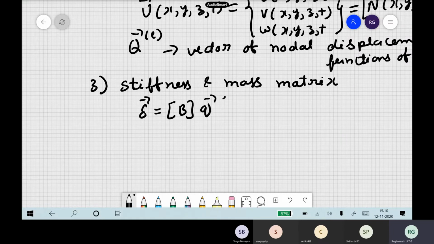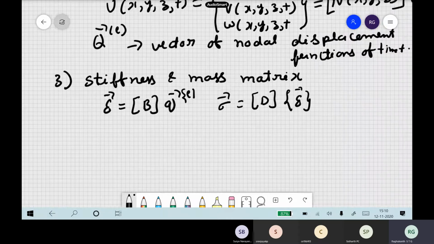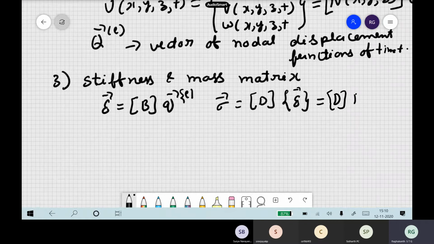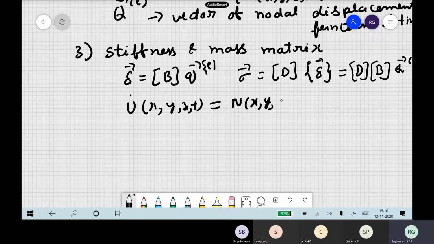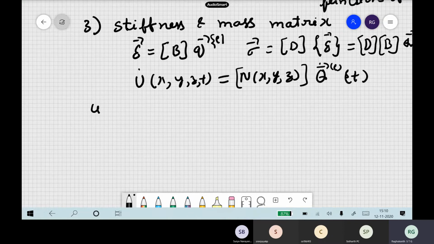So B matrix comes, and sigma is D times epsilon, so finally this turns out to be D times B multiplied by the element nodal values. You can also write in terms of velocities: N(x, y, z), static shape functions, multiplied by q dot at the element level, which is also a function of time.